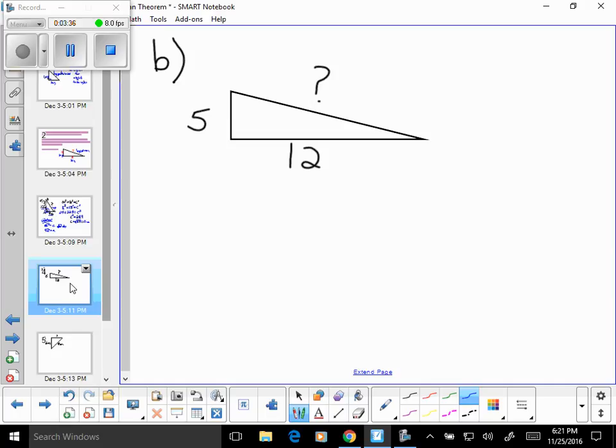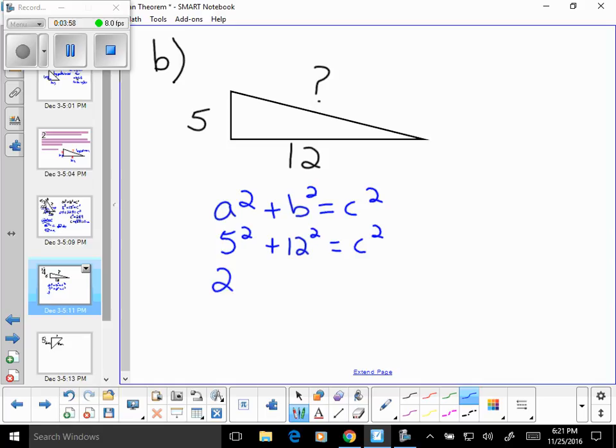When I move on to sample B, you can try this one. Hit pause and you can try it. Okay, a squared plus b squared equals c squared. Substituting 5 squared plus 12 squared equals c squared, because again, I'm looking for the hypotenuse. 25 plus 144 equals c squared, so c squared is going to be 169.